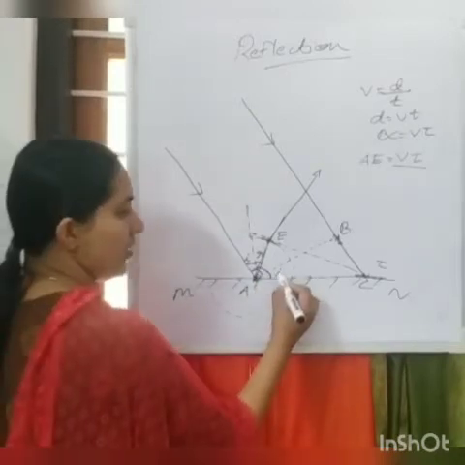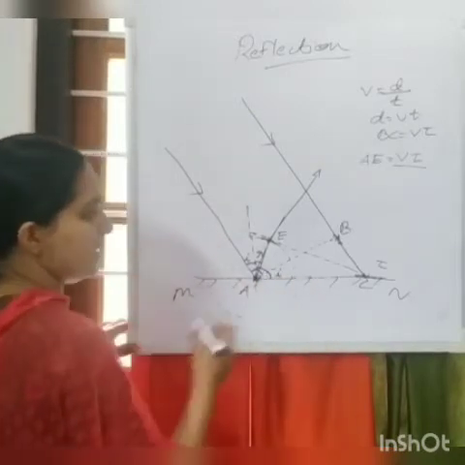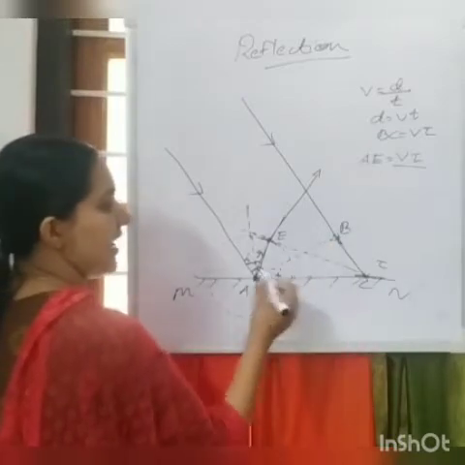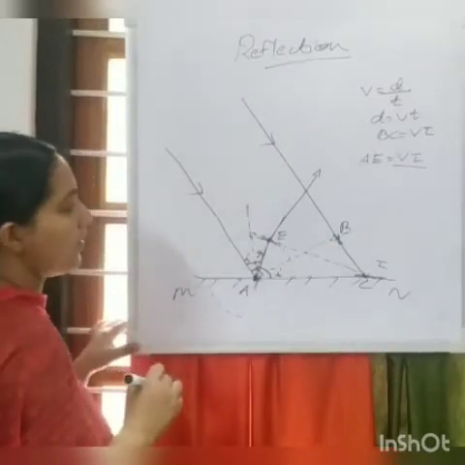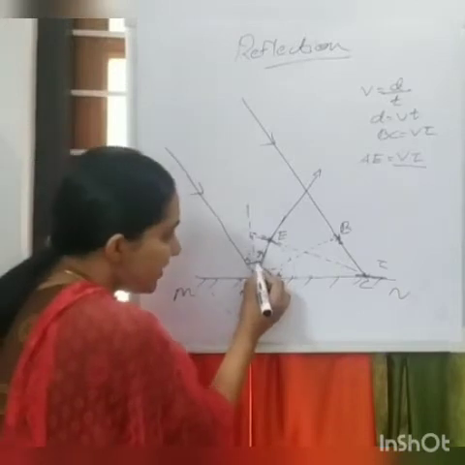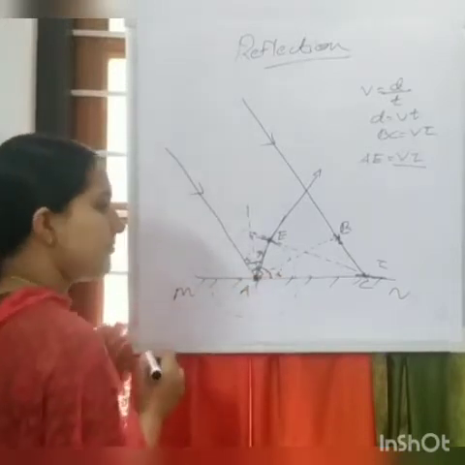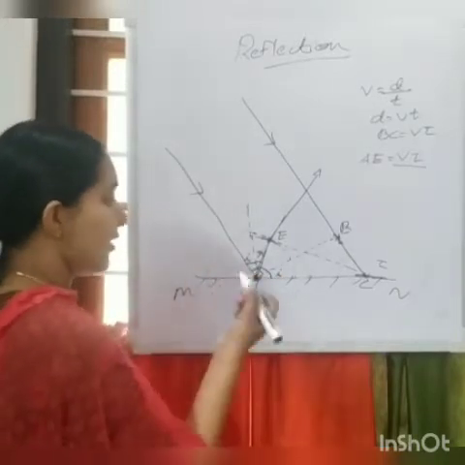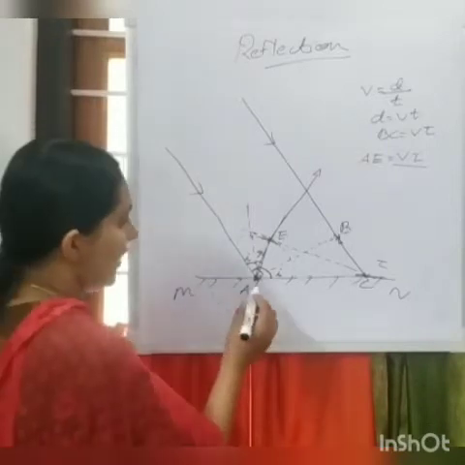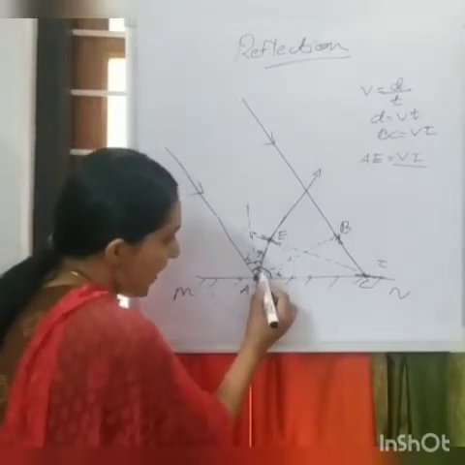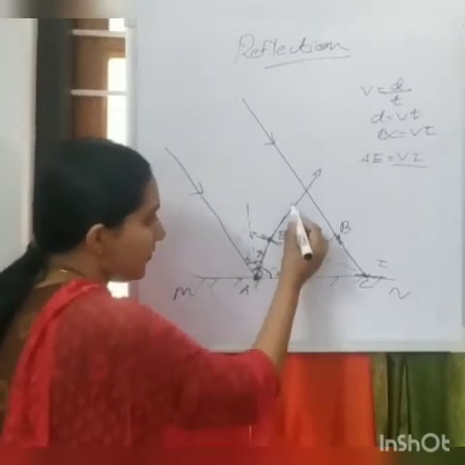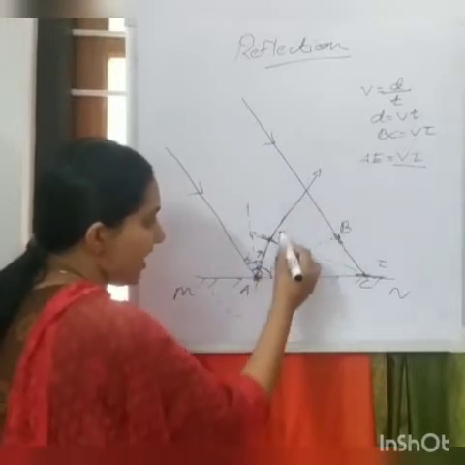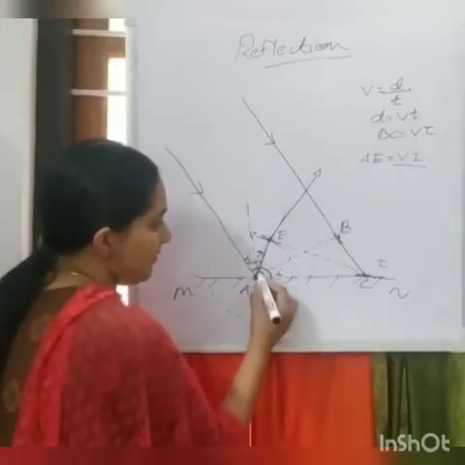Okay, so we got this angle as 90 degree, angle BAC as I. Okay, now this is R, angle of refraction. Sorry, angle of reflection.